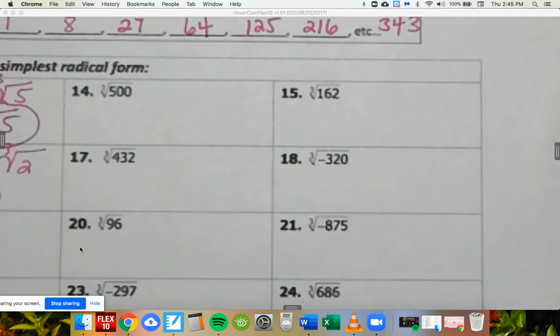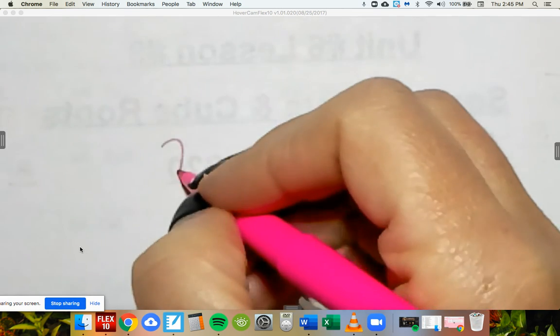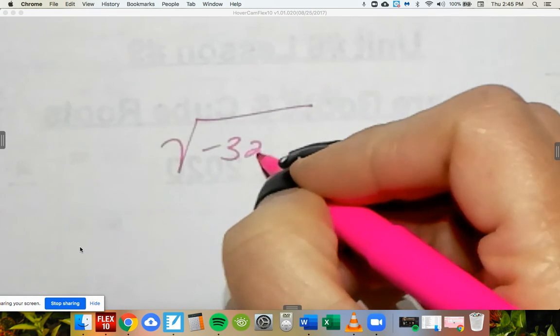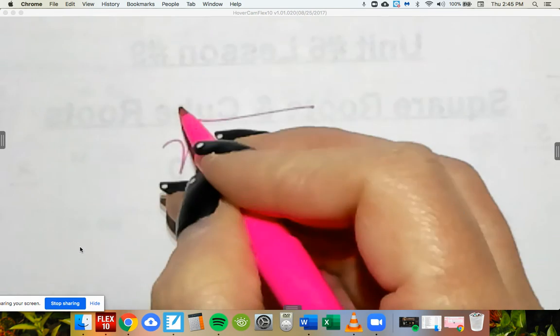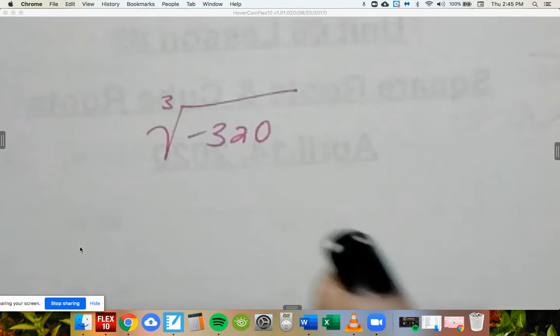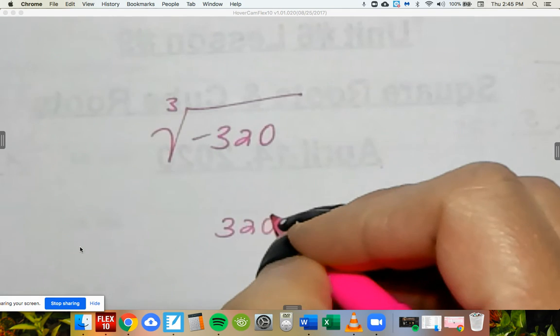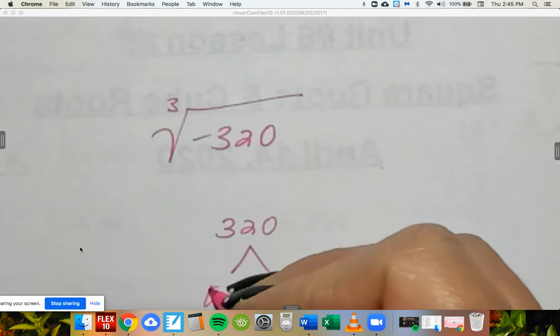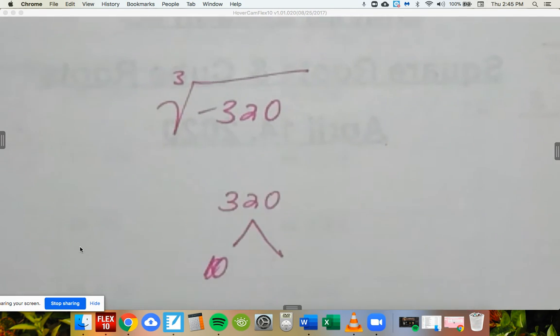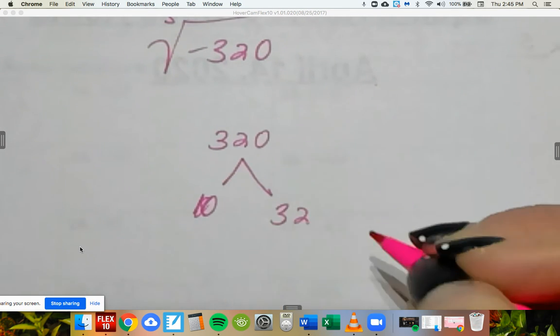So cube root of negative 320. So I'm going to break down 320 to 10 and 32.